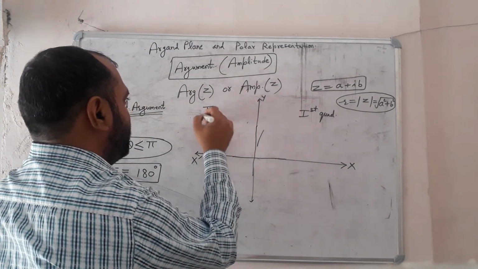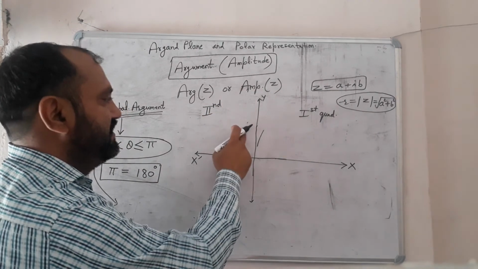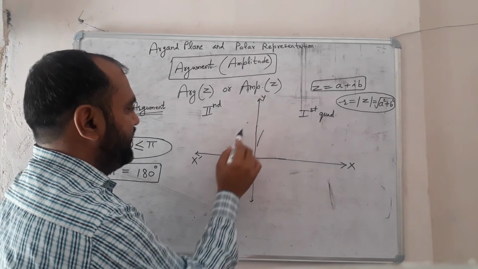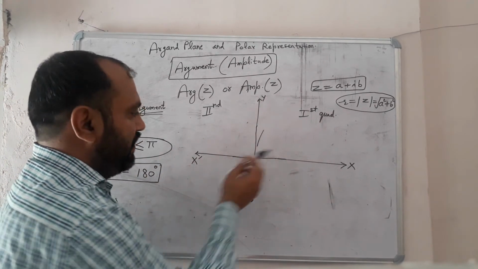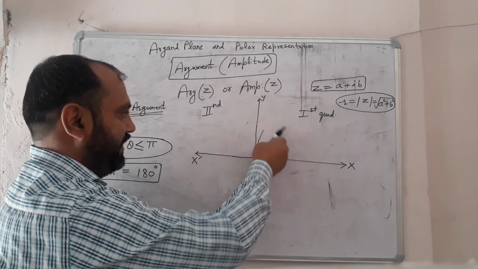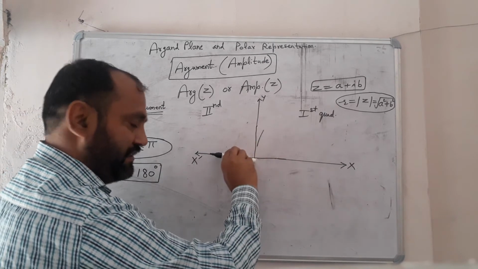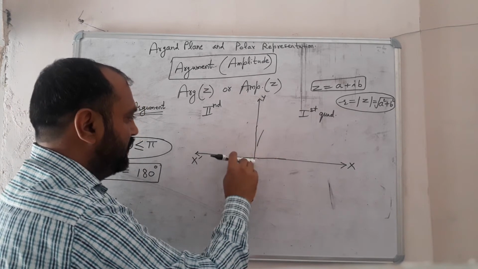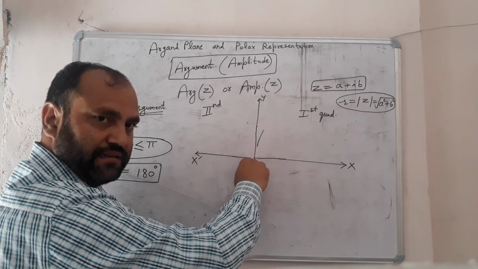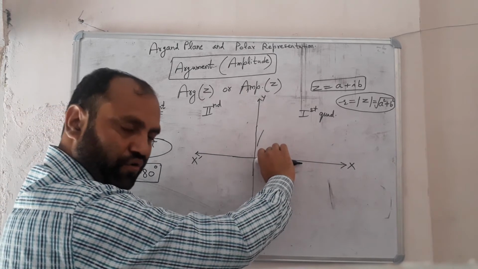In the second quadrant, you know A is negative, B is positive. Its angle lies between 90 and 180. Whenever you rotate anti-clockwise, 0 to 90 is the first quadrant, 90 to 180 is the second quadrant, 180 to 270 is the third quadrant, and 270 to 360 degrees is the fourth quadrant.